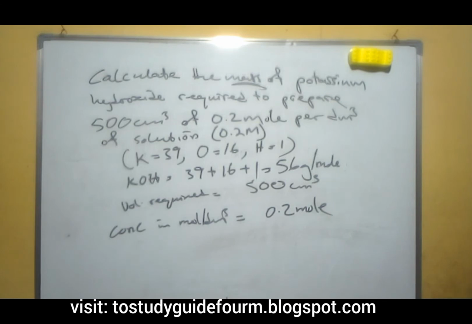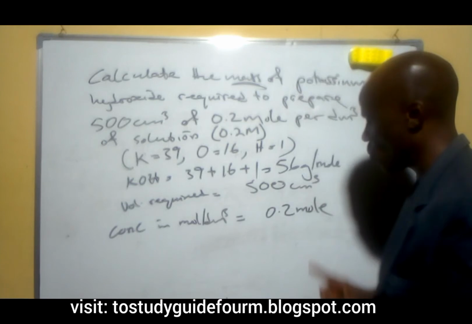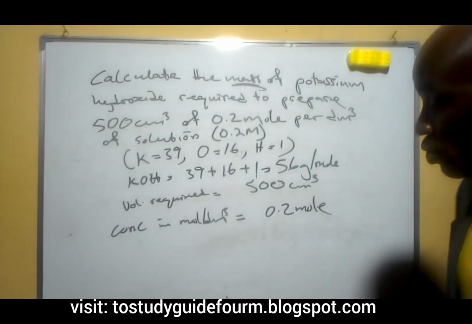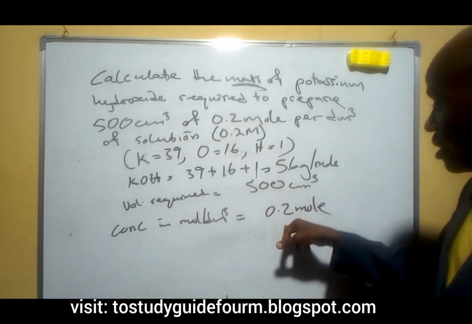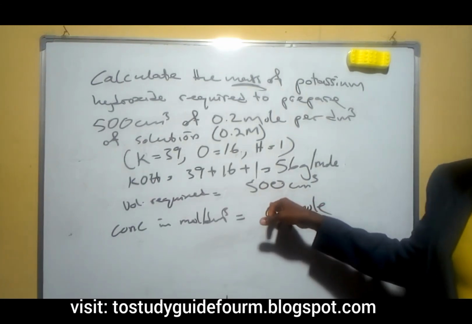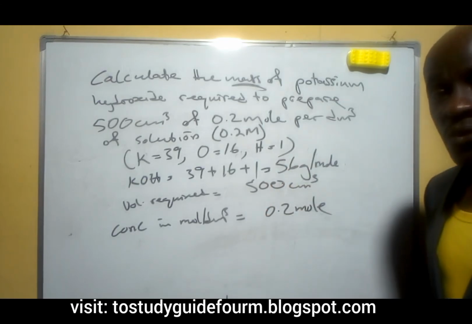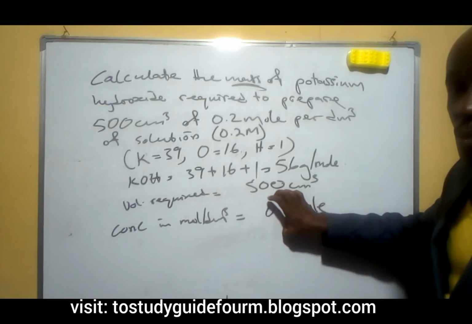So what this simply means is that in 1000 cm cube or 1 liter of the solution we have this, but we want to know its equivalence if we are to prepare 500 cm cube of the same from this mole.